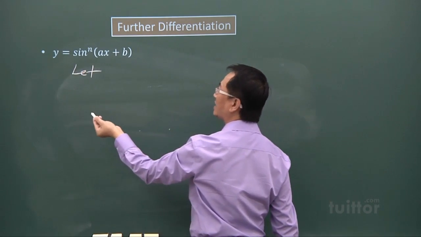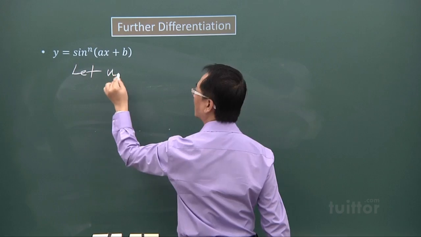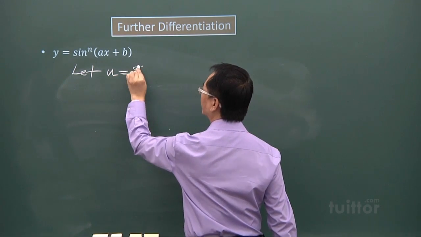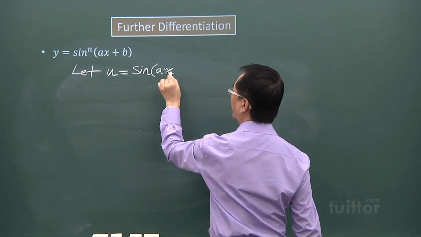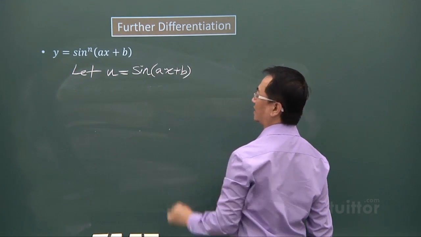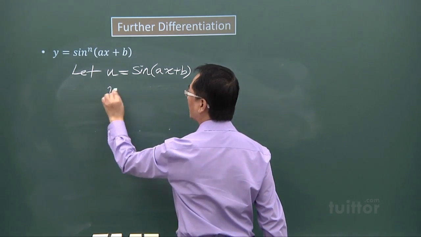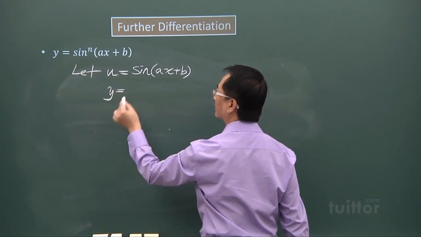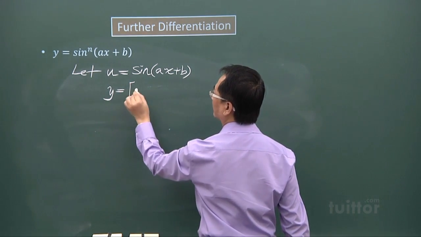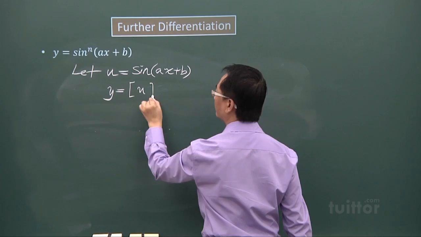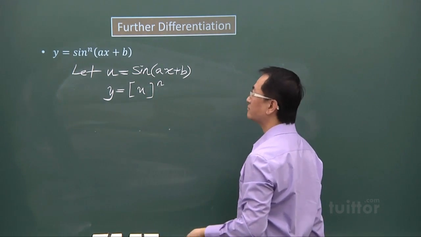So what I do is to let u be sine bracket ax plus b. If that is so, y would be u to the power of n.